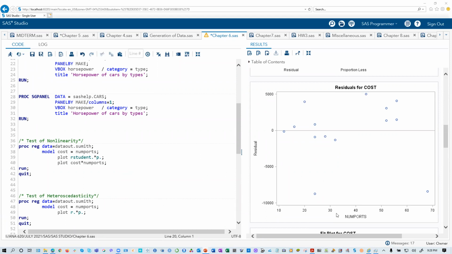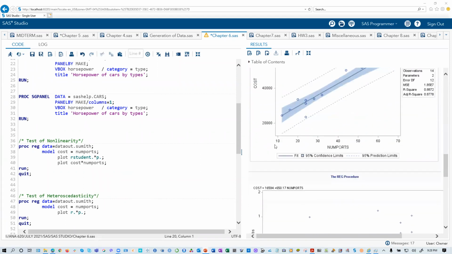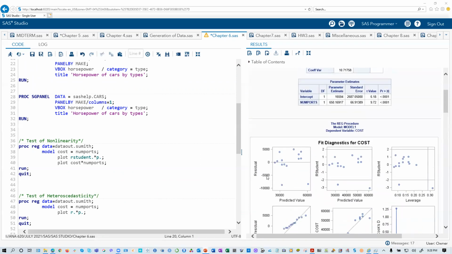This graph, I'm eyeing this graph. In addition, we have a residual versus predicted value. It comes along with this one. P stands for the predicted value, R means residual.